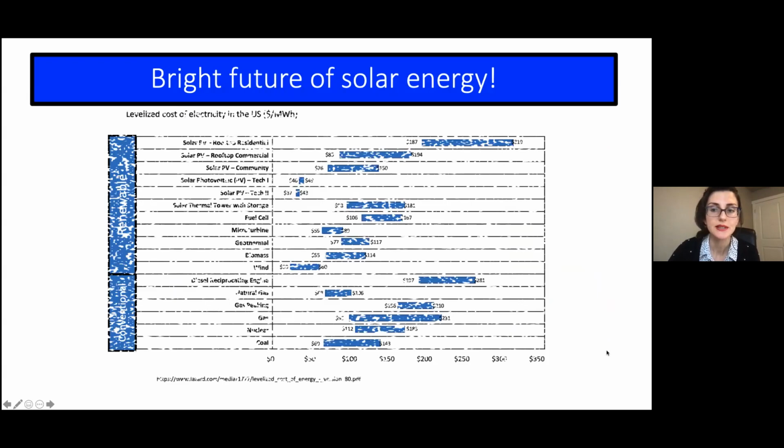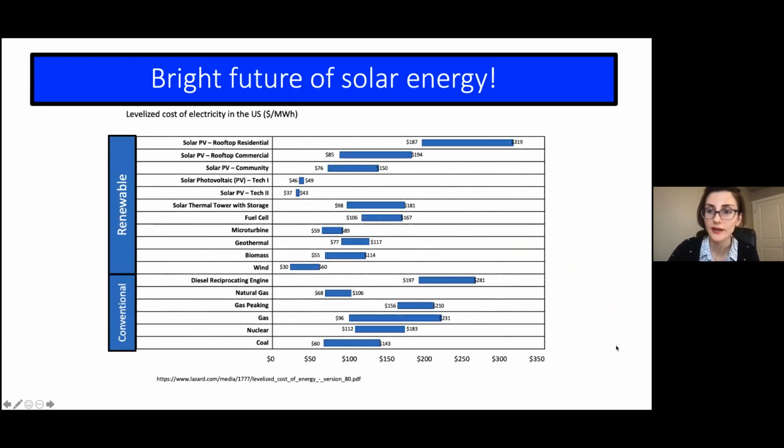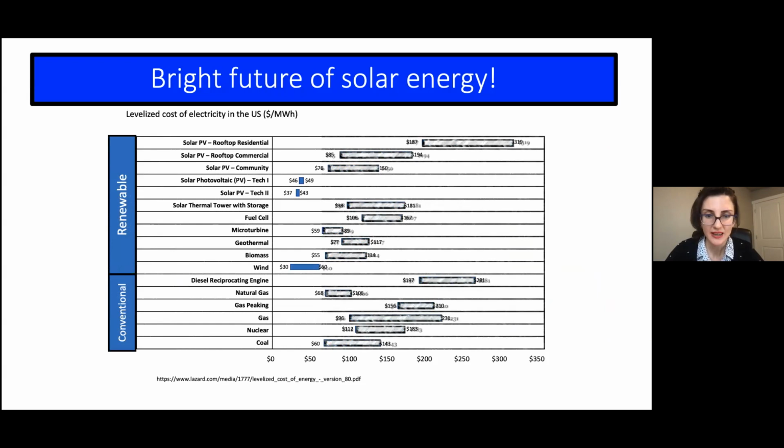And here you see the cost of electricity in the United States that can be supplied from renewable and conventional technologies. Now let's blur the expensive energy sources and focus on the most cost-effective three technologies that can generate electricity, which are wind and two solar technologies here.